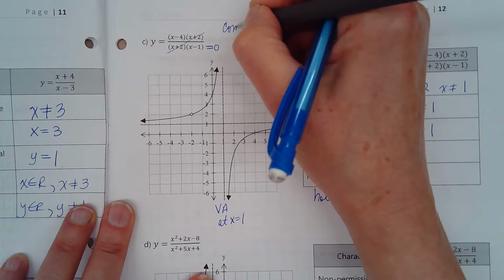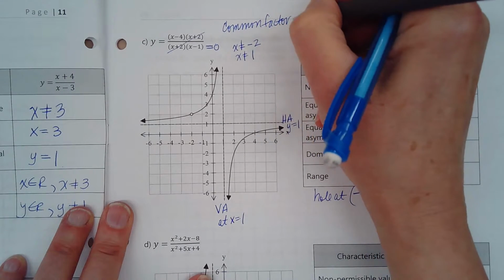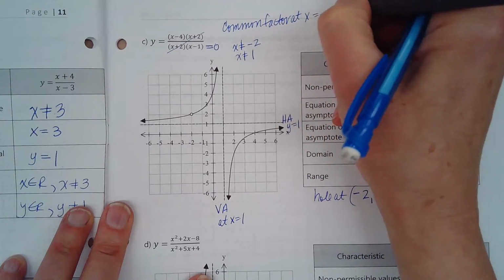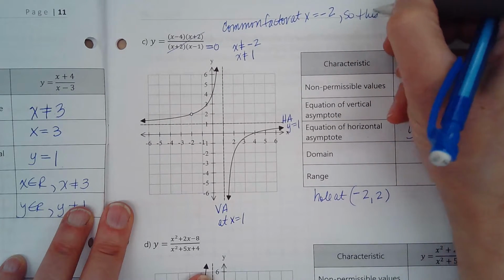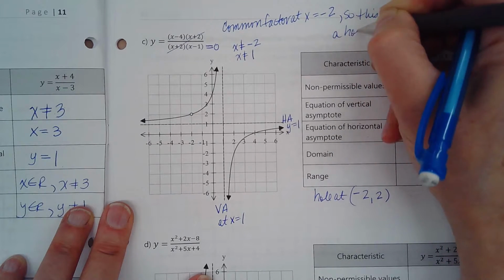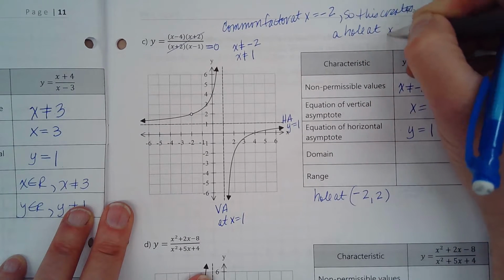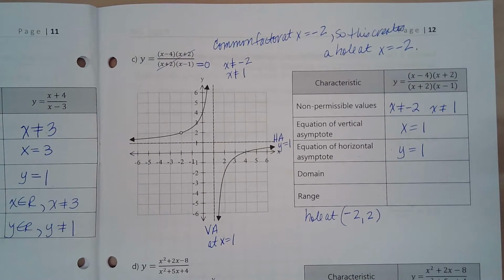Common factor at x equals -2. So this creates a hole at x equals -2.